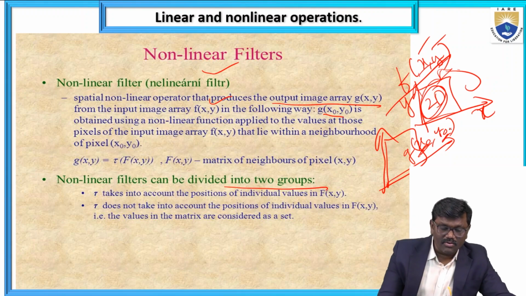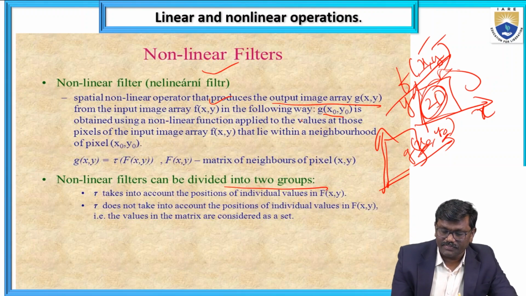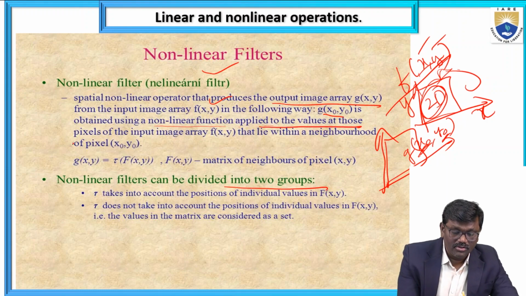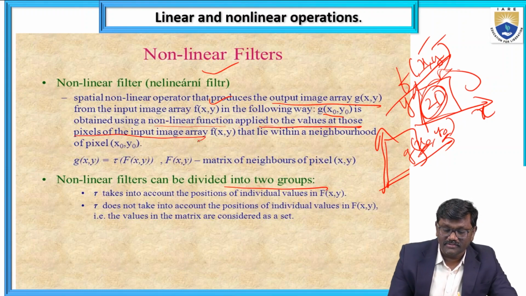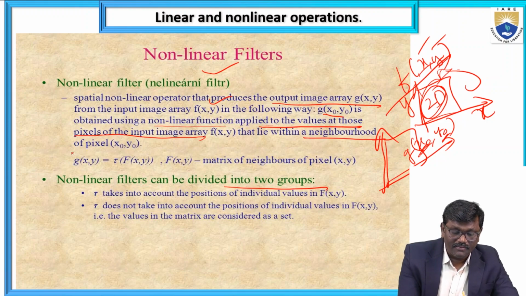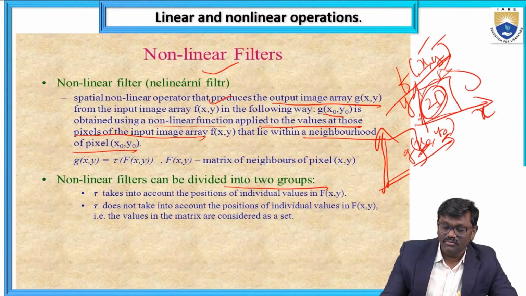So we are going to use this to obtain a process in terms of a non-linear function applied to the values of the pixels of the input image f of x comma y within a neighborhood of the pixel x naught comma y. So we are going to compare one neighborhood to the other.